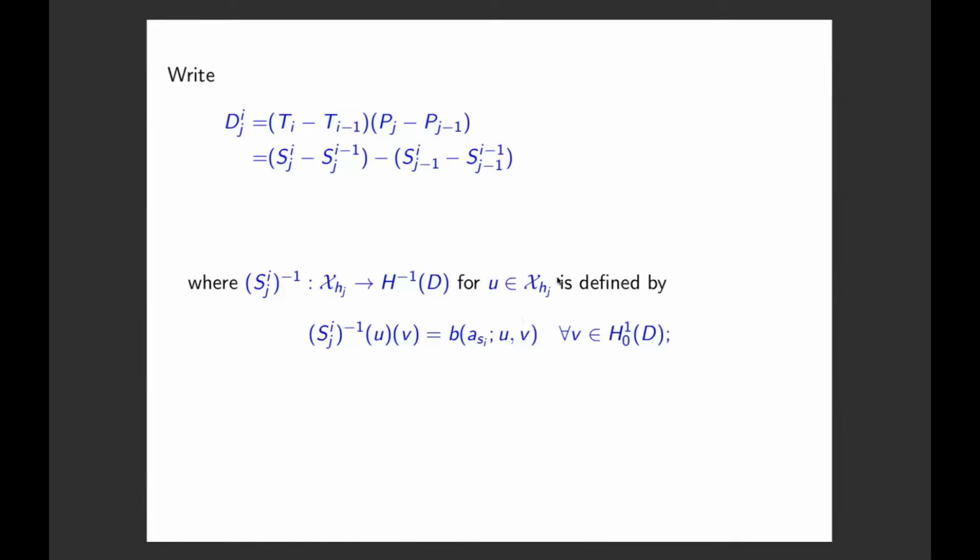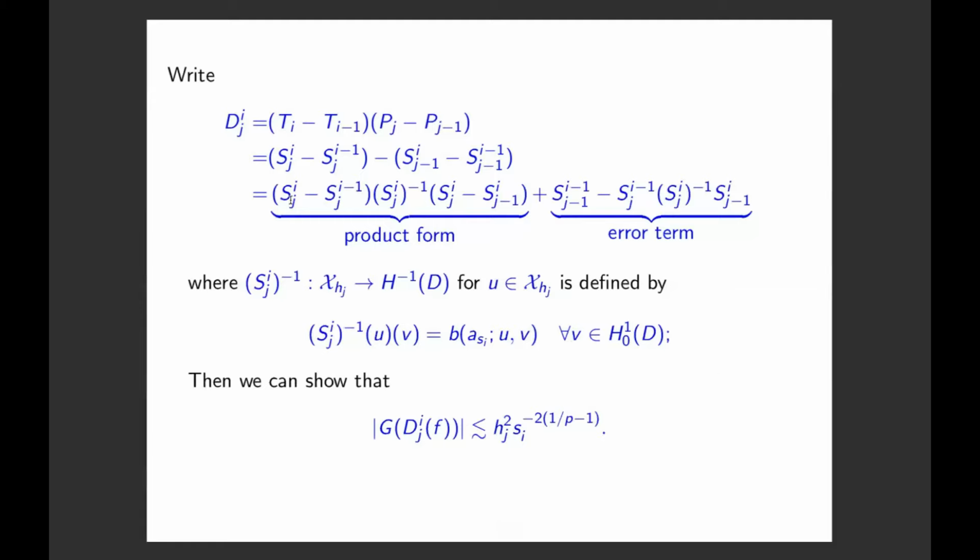So for each u in the finite element space, this inverse operator is given by the bilinear form where we use the truncated diffusion coefficient and defined for all v in H01 D. So it's a functional defined on this space H01 D because it's in the dual space.